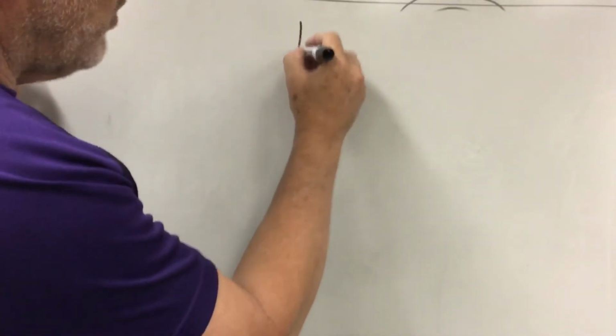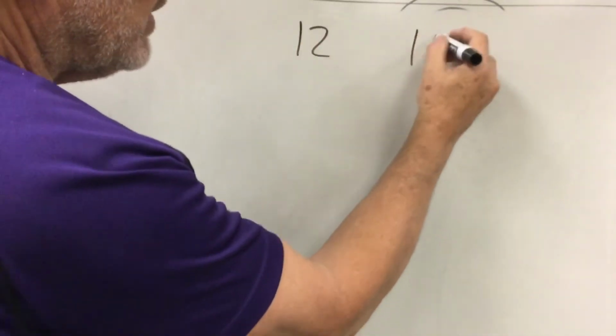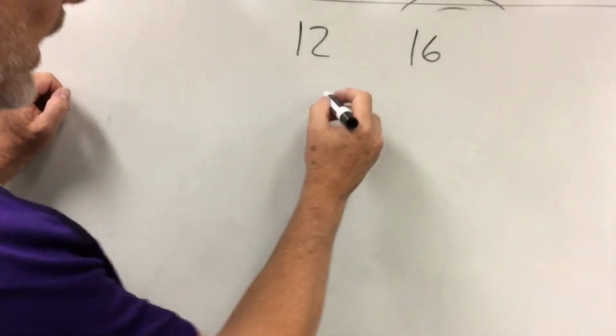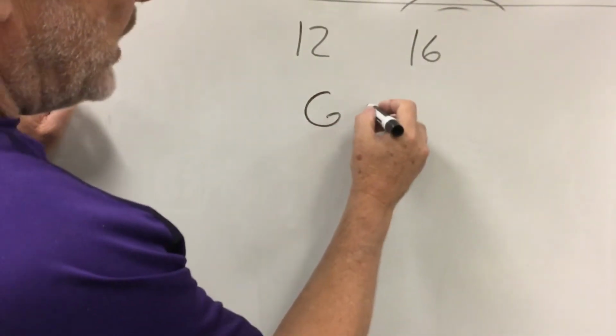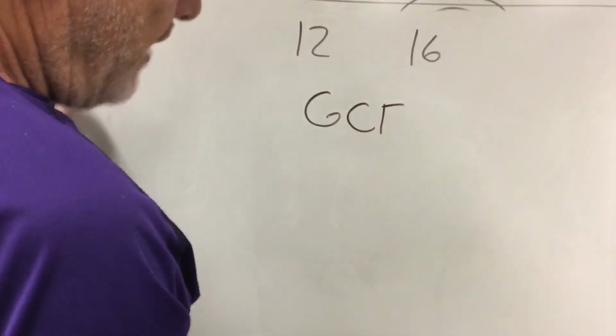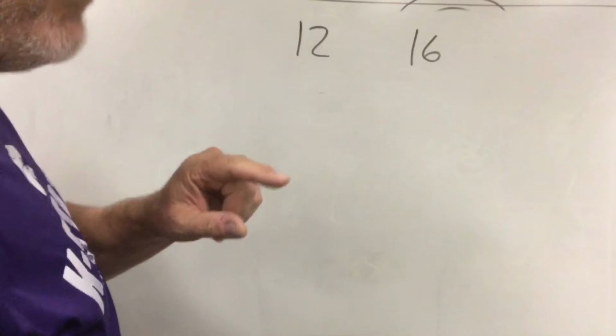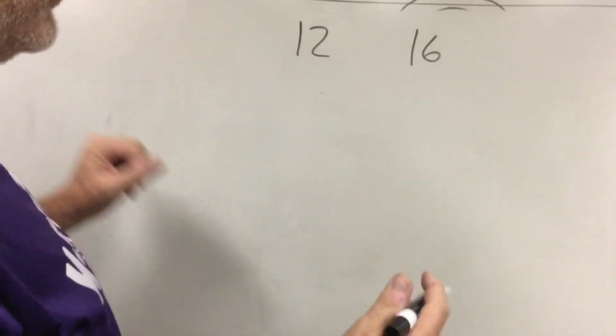So let's take two numbers, and I'll take the number 12 and the number 16. Okay, so when we're looking for the greatest common factor, and it's usually labeled GCF, we're trying to look for the one number that is the greatest of both numbers.